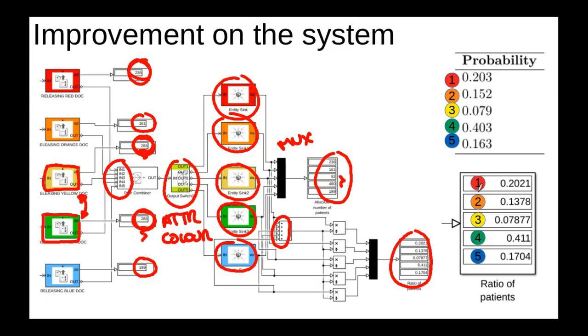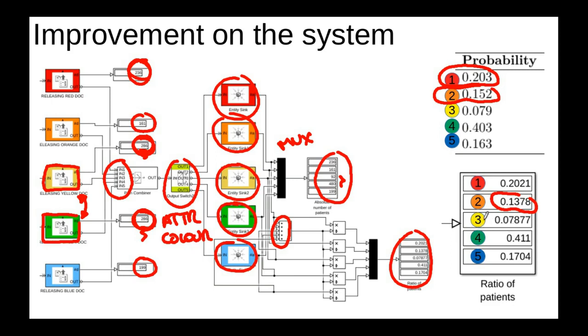As you can see, in the results of the simulation, severity 1, the red, is 0.20, which is so similar to the original probability described by the problem statement. Finally, here we have a number that is so close to the original probability of the problem.